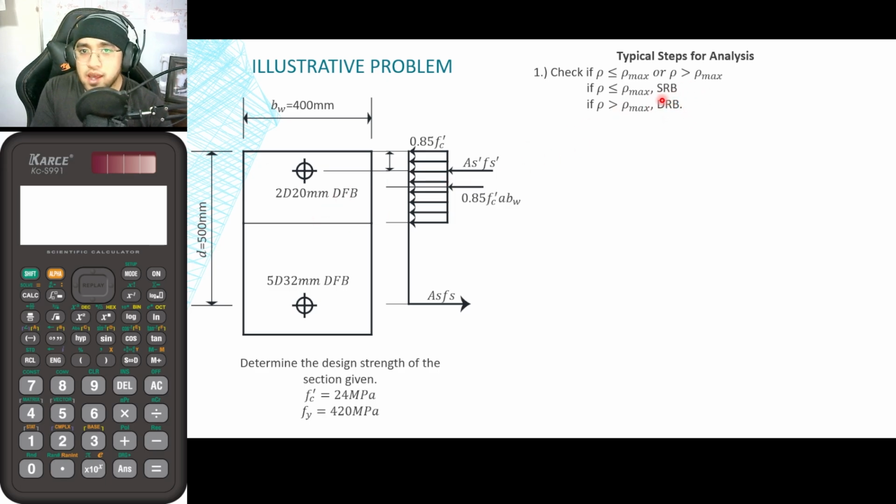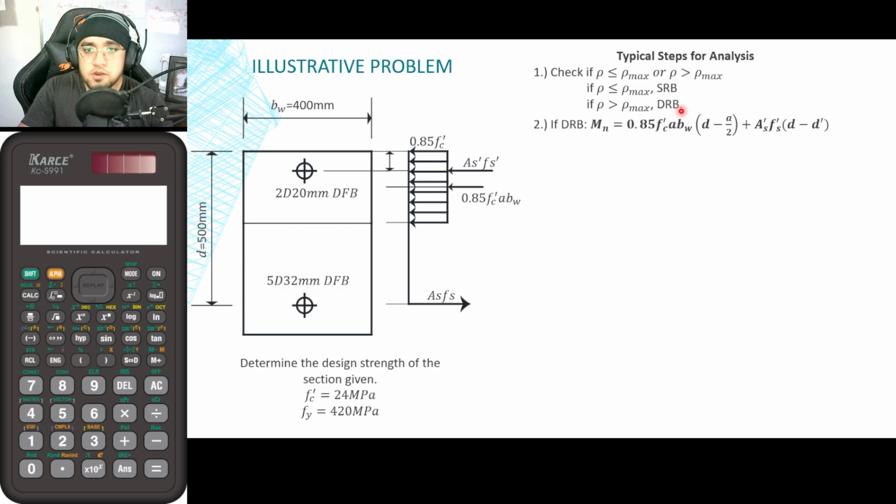Once again, if our rho is within the limits, we can solve it using SRB, that is one choice. But if the value of rho is greater than rho max, we have no choice but to solve it using DRB.